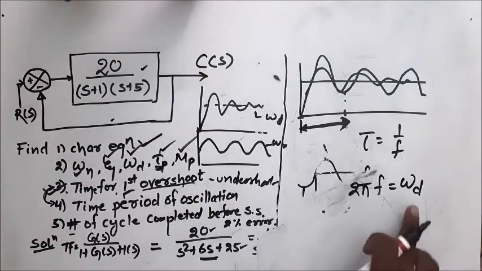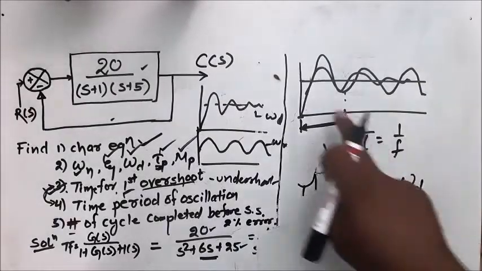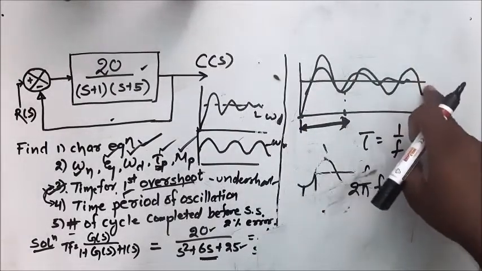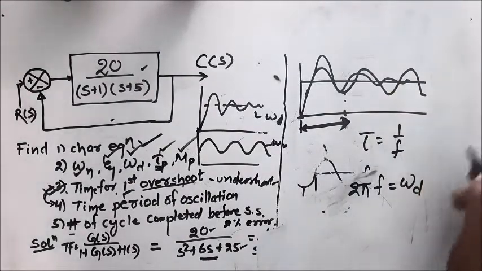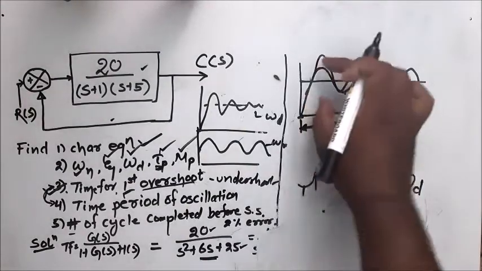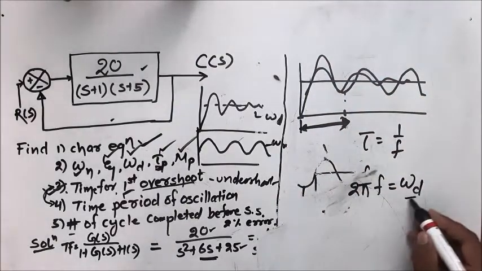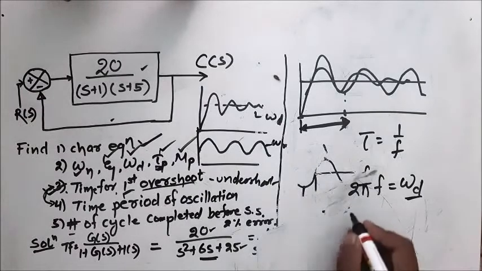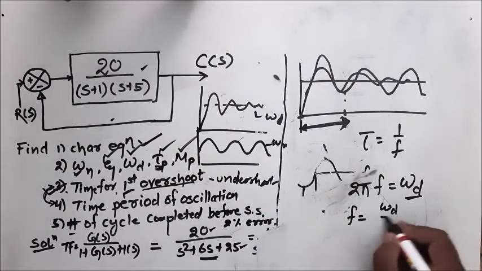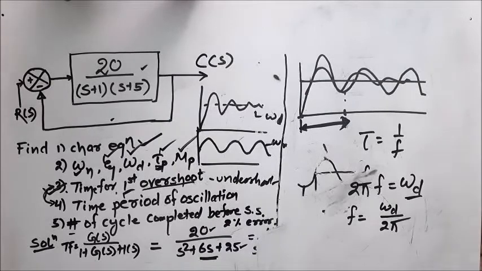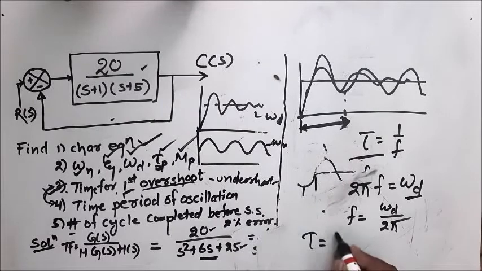Here we consider omega d, the damped frequency, because the system is underdamped, not perfectly damped, so the peak and amplitude may vary. So F is equal to omega d by 2 pi.